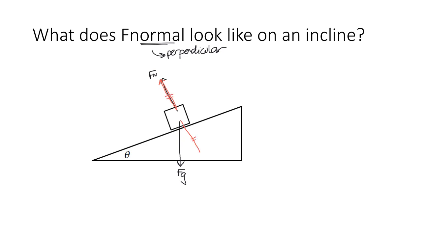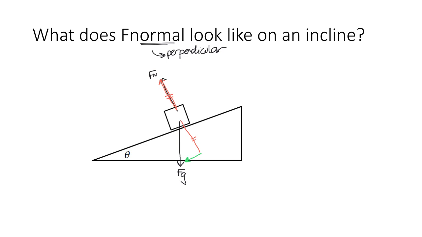And the force that causes an object to slide down a ramp has to be parallel to the ramp. And that happens to be this part of the force of gravity right here. So if there were friction, friction would be pulling like this. And if it was at rest, these two would be equal and opposite.